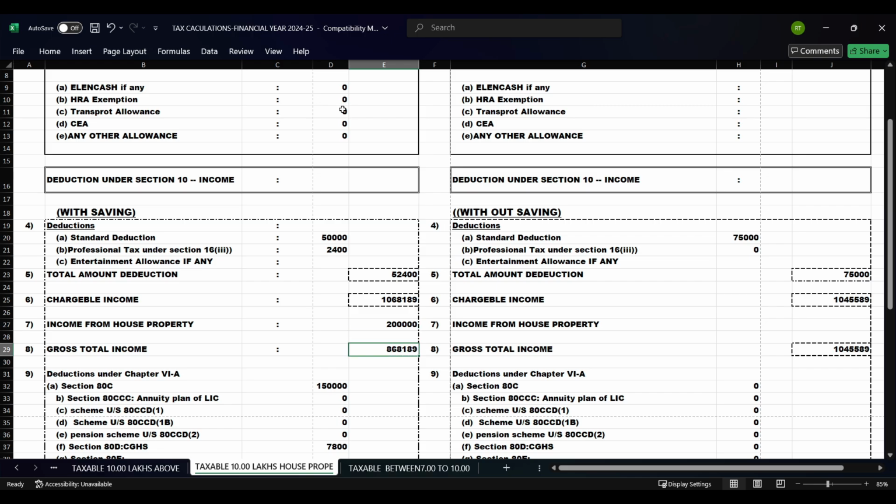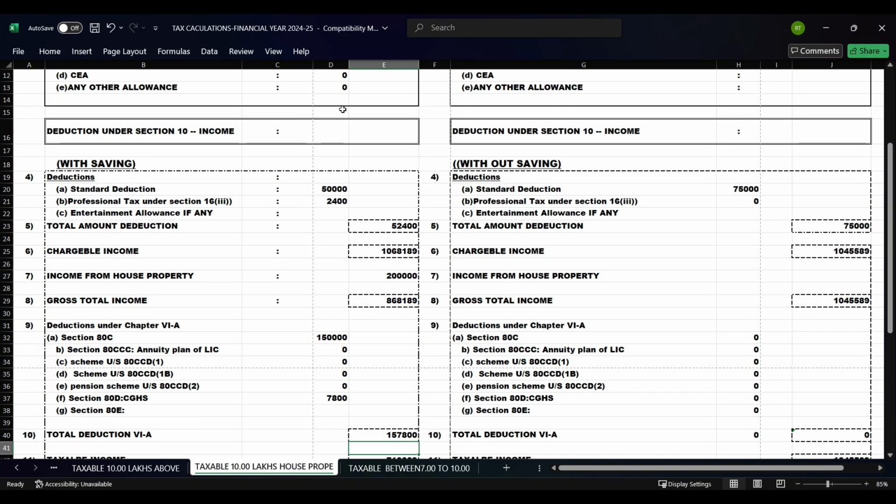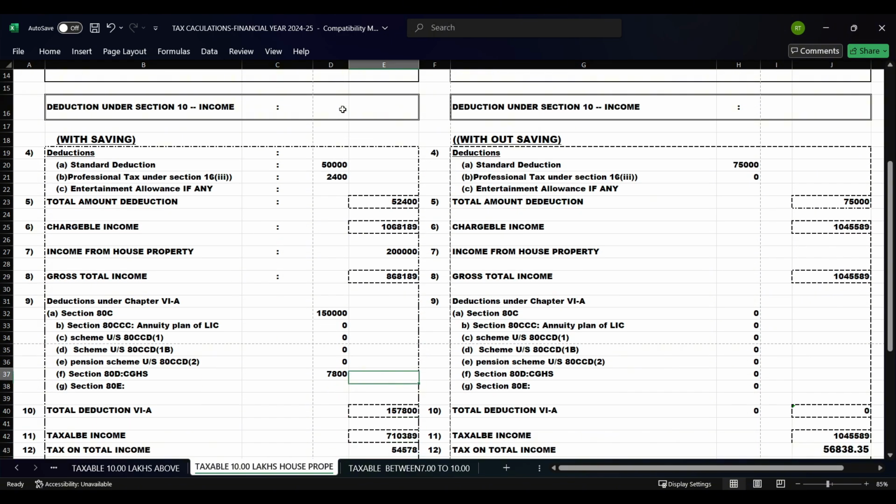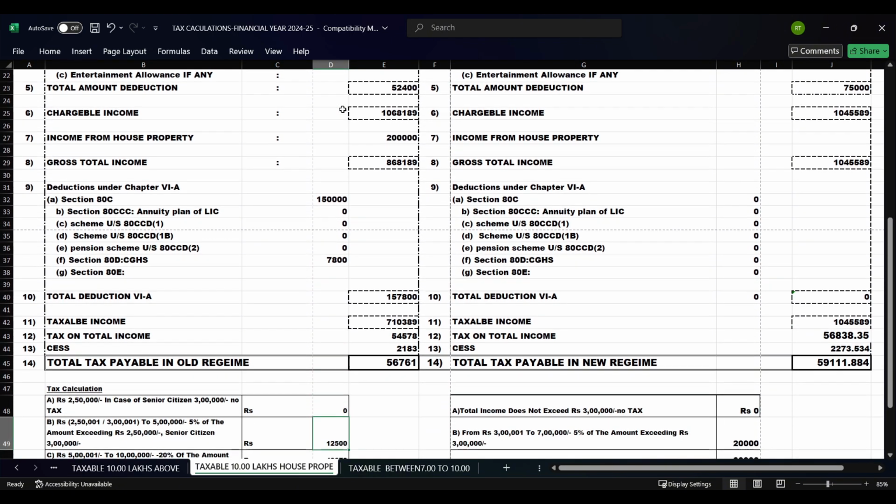Total income is 8,68,189, and under 80C with savings that is 1 lakh 50,000 and 80D health insurance 7,800. After deduction, the taxable income comes to 7 lakh 10,389.